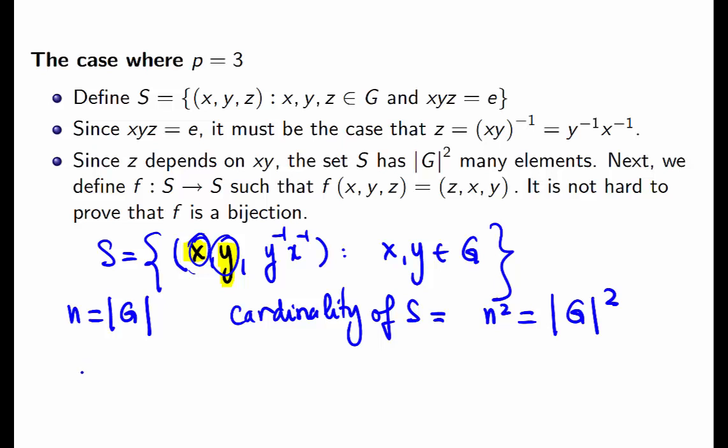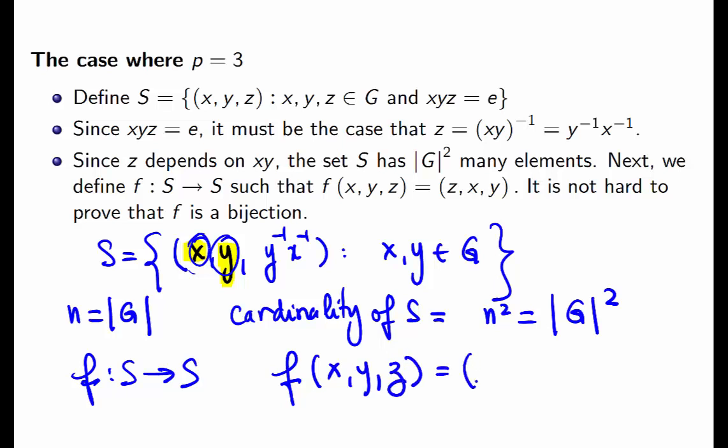Now we will also consider a function f which is mapping S to S such that it sends f of (x, y, z) to (z, x, y). So this is essentially just rotating around the coordinates of x, y, z.